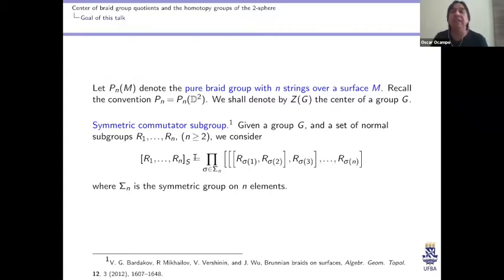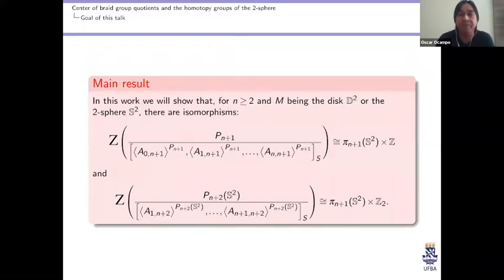If we have n normal subgroups of a group G, this notation means the product of the iterated commutator subgroups, varying the permutations in the symmetric group on n elements.